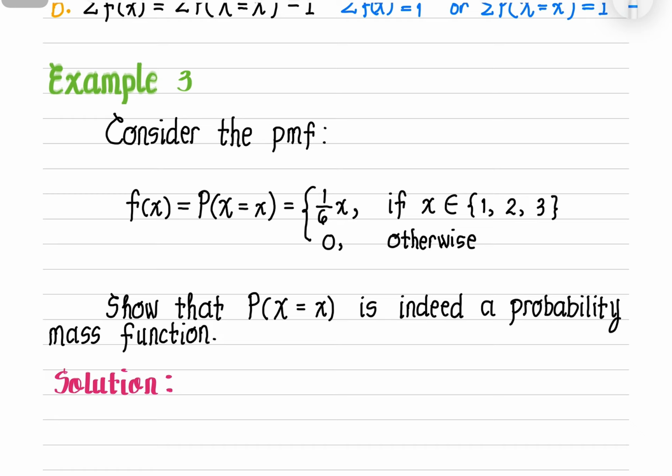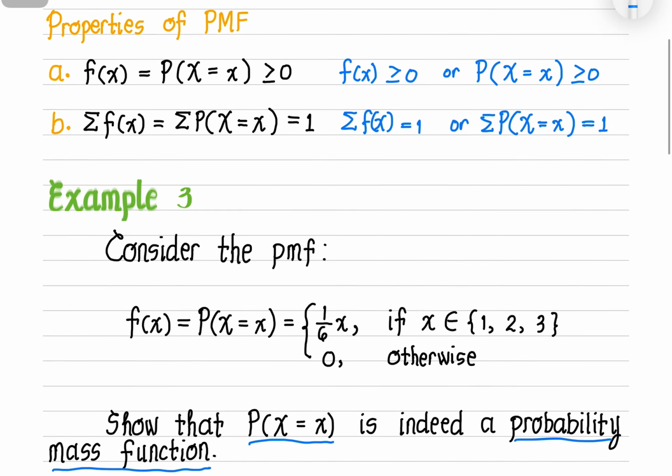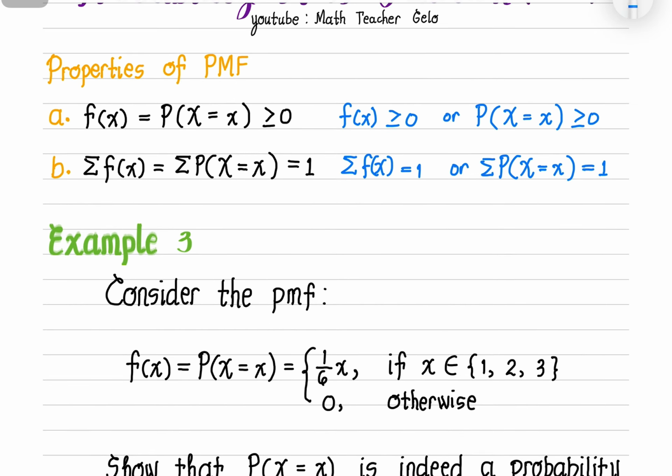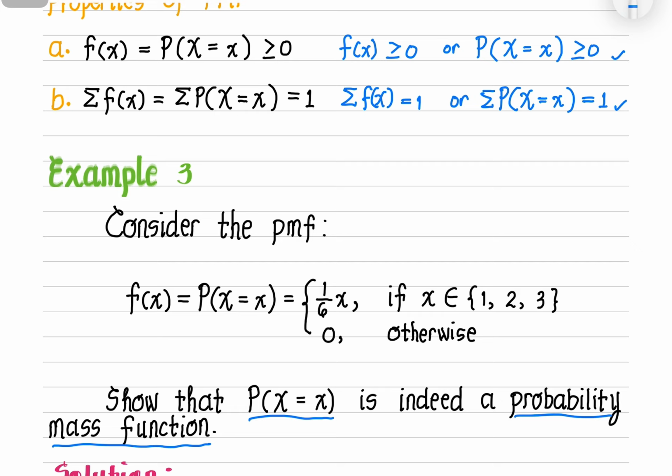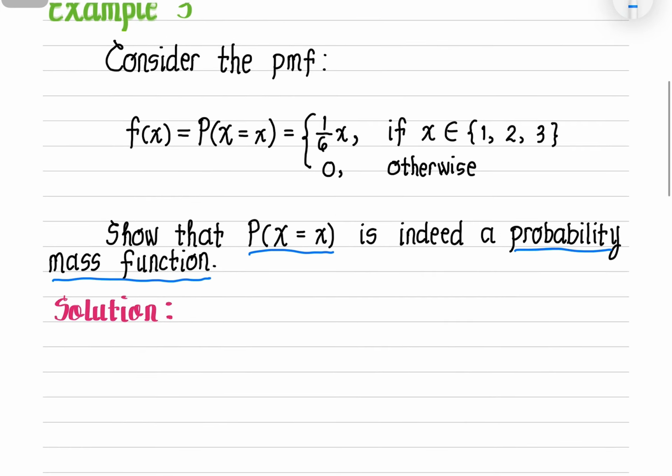So, guys, dito, given na yung PMF natin, ang gagawin lang natin ay show that the p of x is equal to x is indeed a probability mass function. So, papakita natin na dapat yung two properties, ito yung property A, and then yung property B, ma-satisfy niya dito sa ating given. Okay?